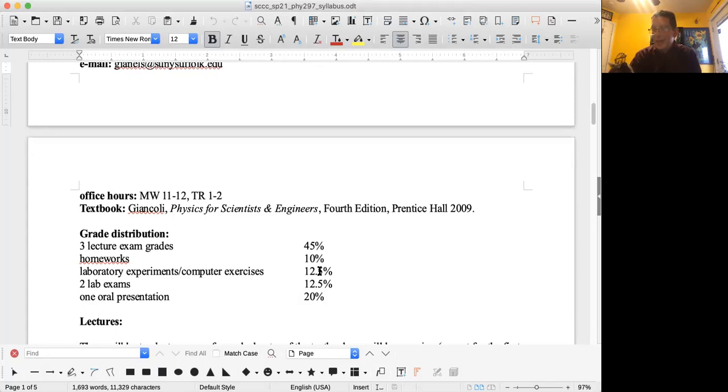The lab exams, whether it's the midterm or the final, will include questions based on the computer exercises as well. There'll be 2 exams, and they will combine for 12.5% or 1/8 of your total grade. So what you do on Fridays will amount to 1/4 of your total grade.